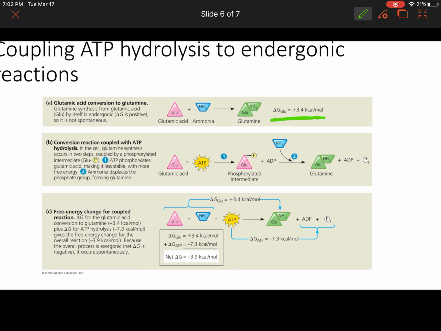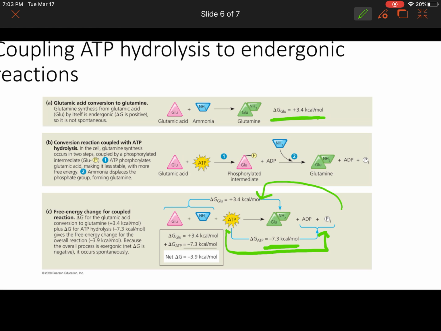The cell is going to couple the hydrolysis of ATP and the release of its energy. Notice it releases negative 7.3 kilocalories per mole, whereas our endergonic reaction only requires a positive 3.4. So that negative 7.3 kilocalories per mole is going to be linked to this reaction that is synthesizing glutamine.